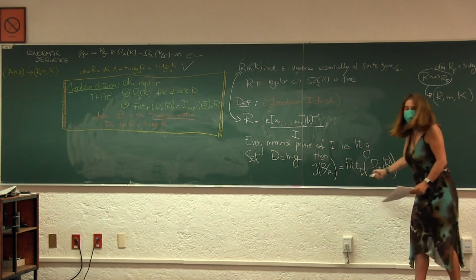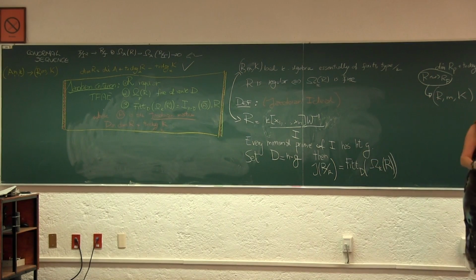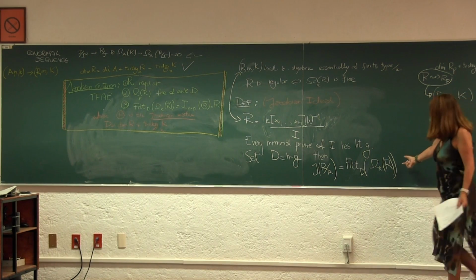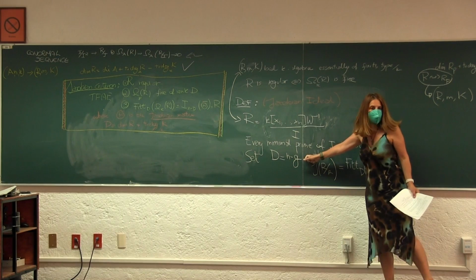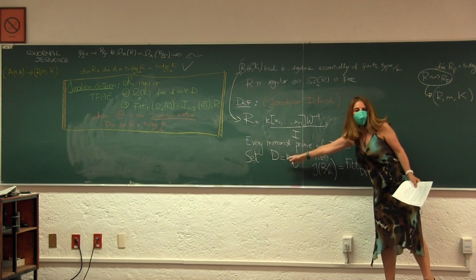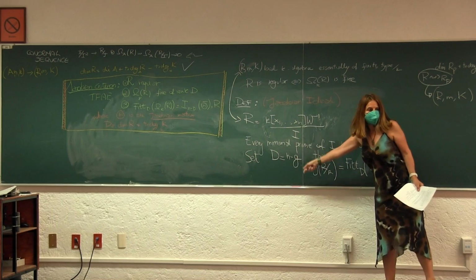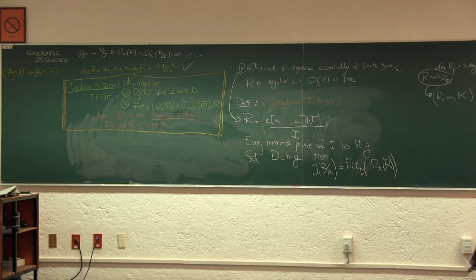So now the Fitting ideal does not depend on the presentation of the matrix. But you can take the Jacobian matrix and then you would have to take the n minus g size minor you need. Okay? Because this is the Fitting ideal. Clear to everybody?